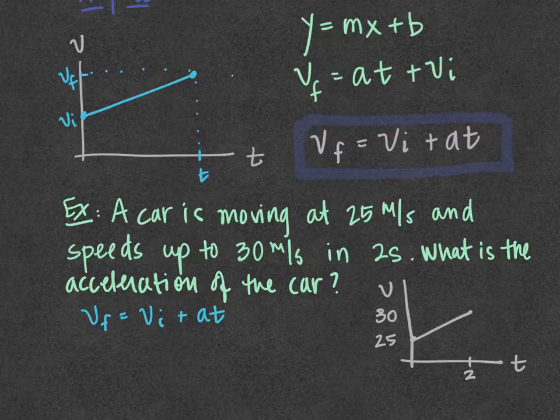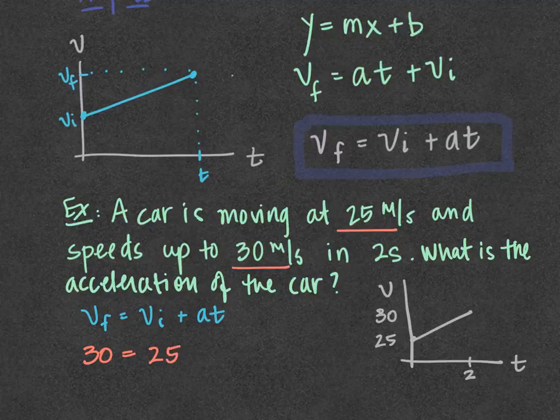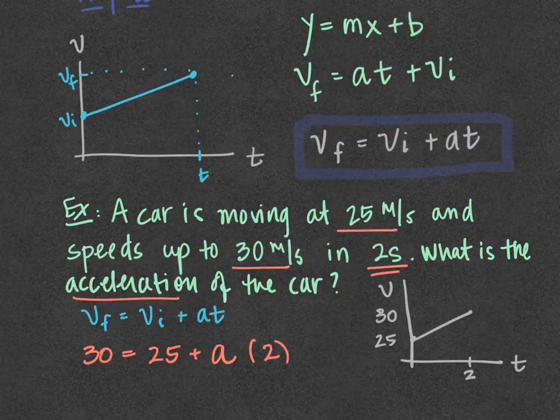So my final velocity speeds up to 30 meters per second. So that is my final. My initial is moving at 25. So that is the initial velocity. Plus, I don't know the acceleration, so I'll leave an a here. And then the time for this change was given as 2 seconds.